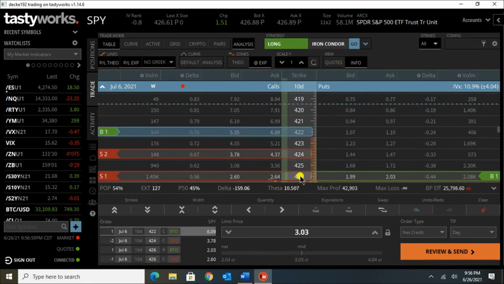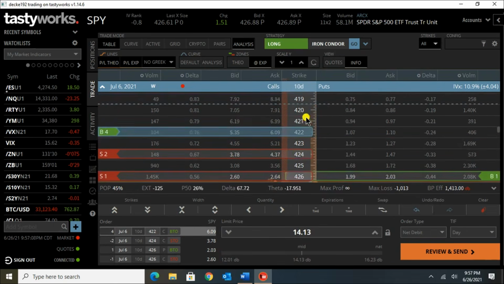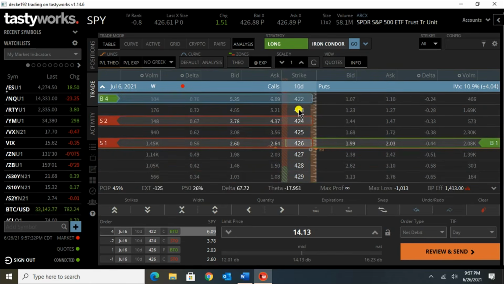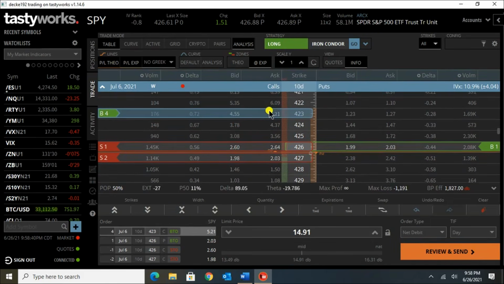And these option prices would be a little bit smaller, so maybe instead of a 427, 422, you do a $2 wide instead of a $5 wide. But you would still do the 2x4 back spread, and you would still do the same expiration. So if it's Thursday or Friday, I would do the Monday expiration, and then after the weekend on Monday morning, if the market rallies, this is a way to make more money if it turns around. So I'm going to move my position back to the original here, and it was actually the 423, not the 422, so I misspoke there.